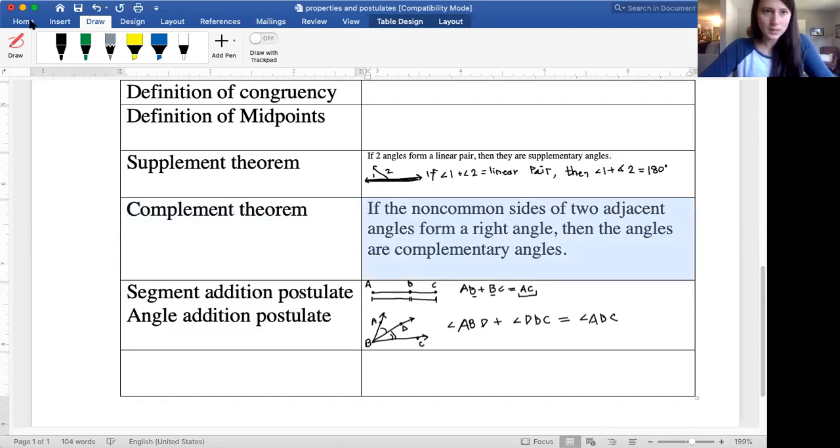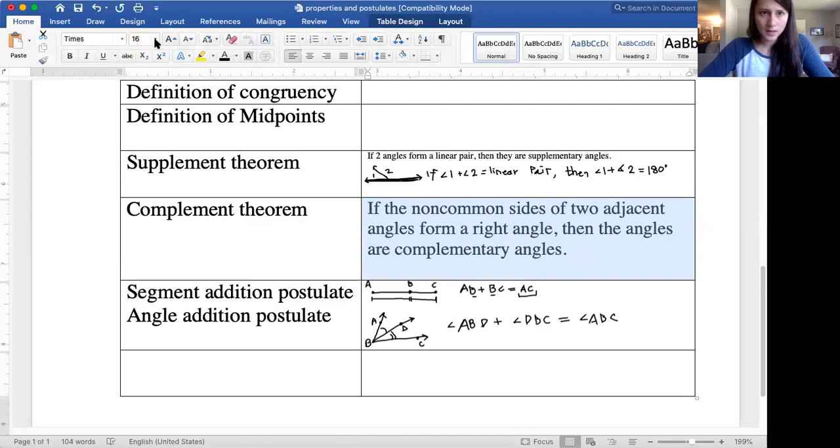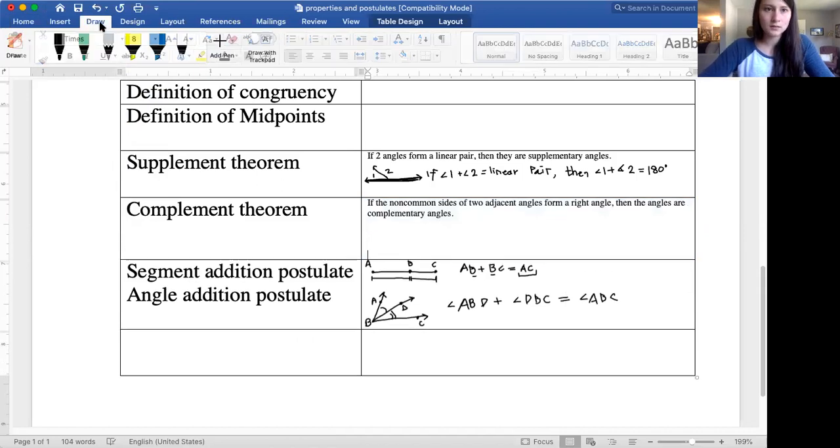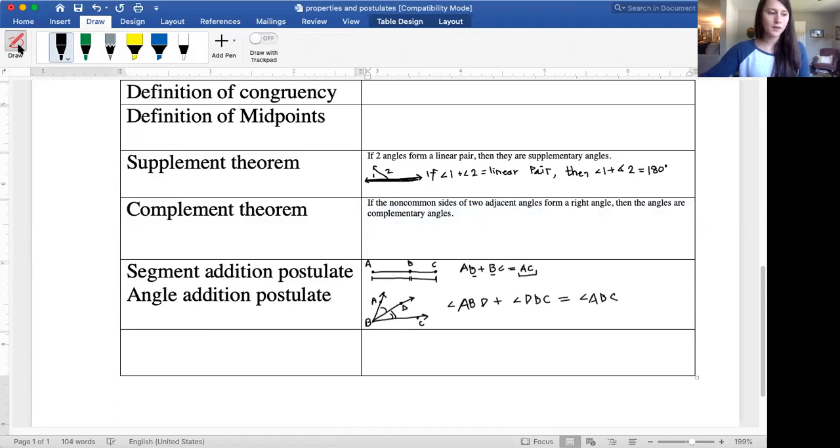So what does it mean, non-common sides of two adjacent angles? What that is saying is if I have two angles here, the sides of the angles that they don't have in common, so these outside sides, form a right angle, then these two angles are complementary.